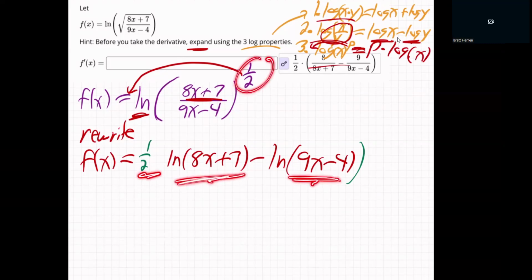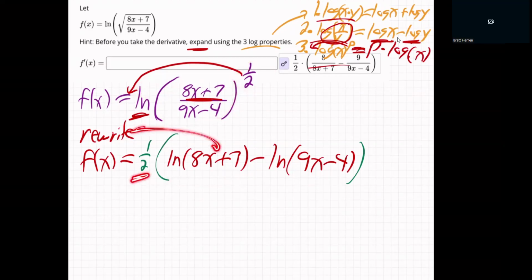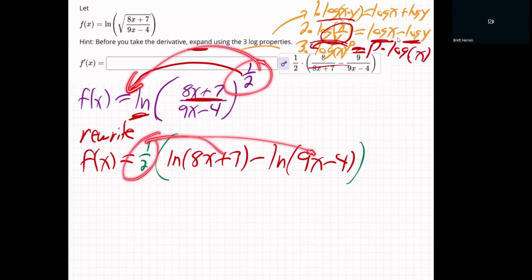Why? Because the half was the power for both of them. Therefore, when it comes down to the front, it has to be the multiplier for both of them. This way, the half is understood to be multiplied, but I'm not going to actually distribute it. I'm just going to leave it in the front. It's really multiplied by both, and that's what matters, because it was the power for both.